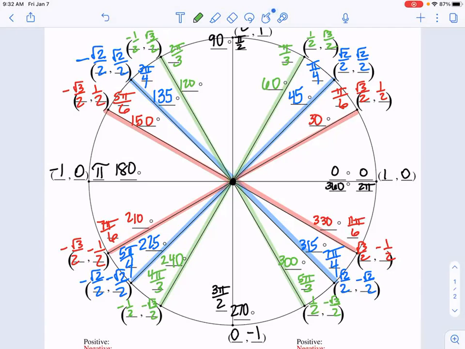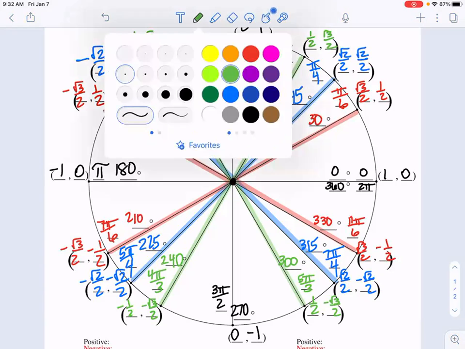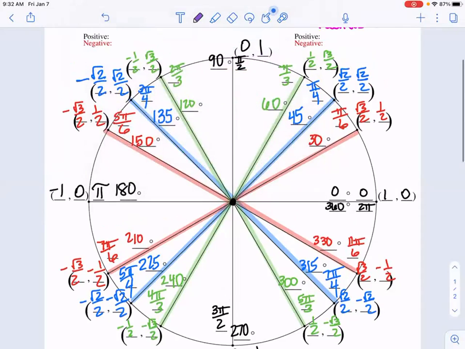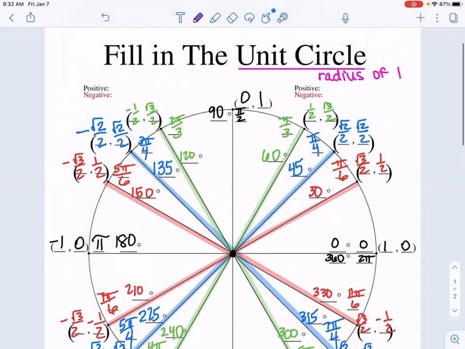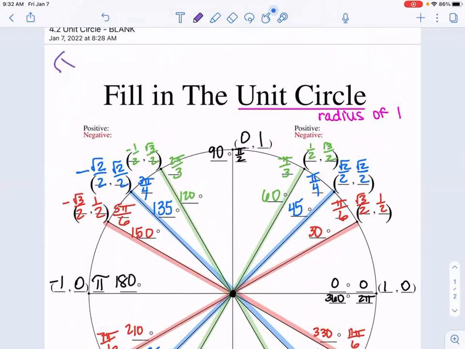Okay, so in the unit circle, our x, y coordinates represent the cosine of the angle, comma, the sine of the angle.